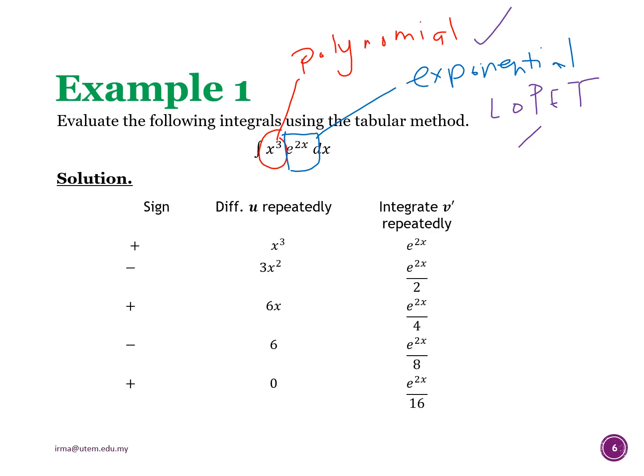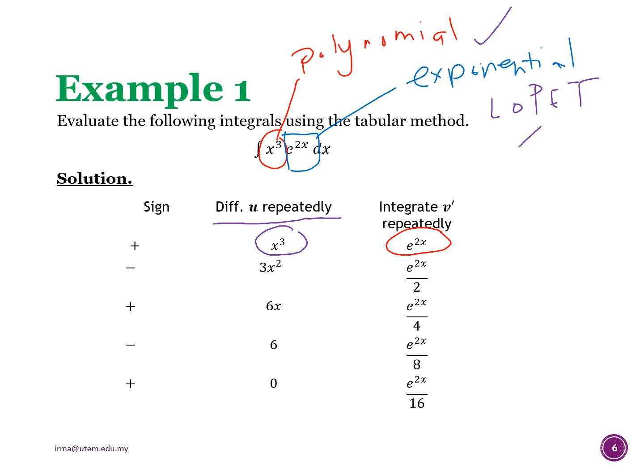Here u is something that you can differentiate repeatedly. Since we use LOPET just now, we will choose x cubed as u, and then the other one, which is e^(2x), is v prime.